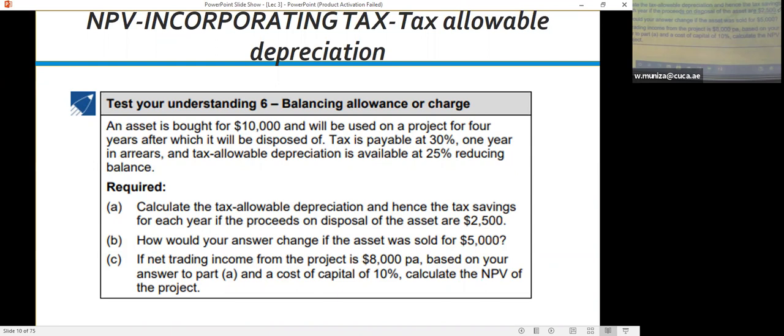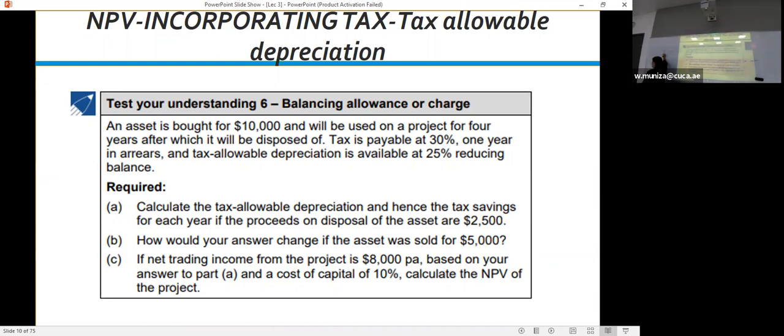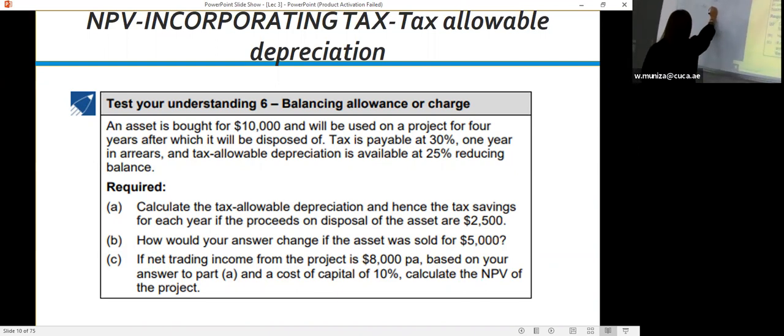This is for year 1. Second year? Yes, on 7,500 take 25%. That is 1,875. Balance 5,625. 5,625. Again, take depreciation.